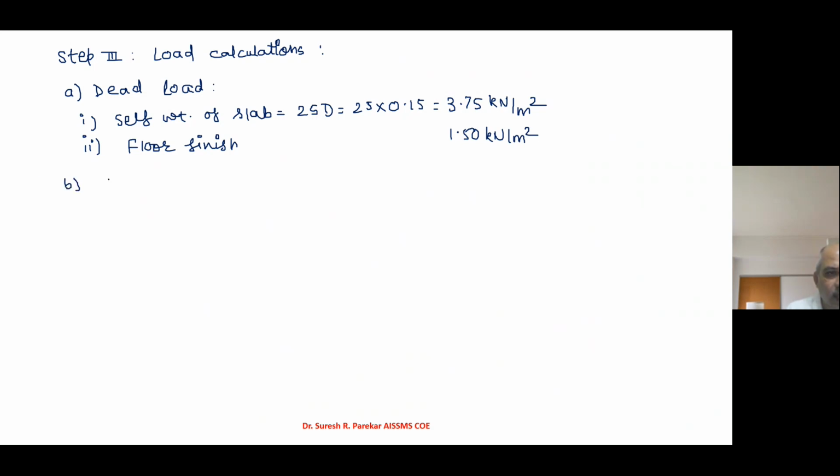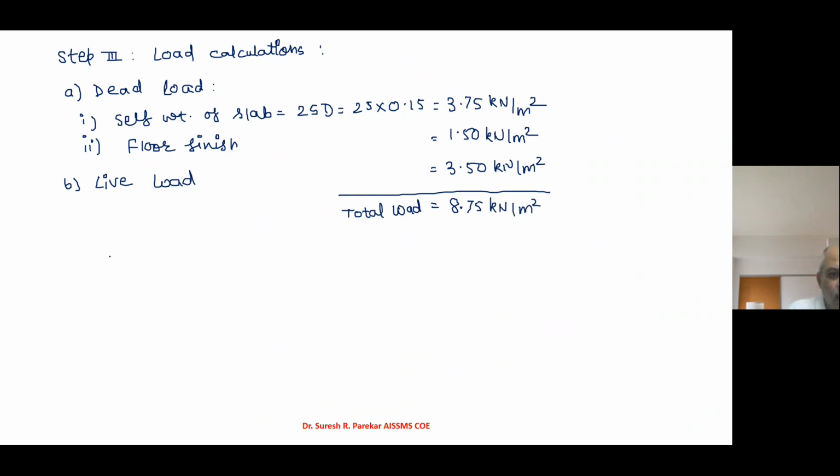Now second is live load, which is given as 3.5 kilonewton per meter square. Now we have total load, which is 8.75 kilonewton per meter square.